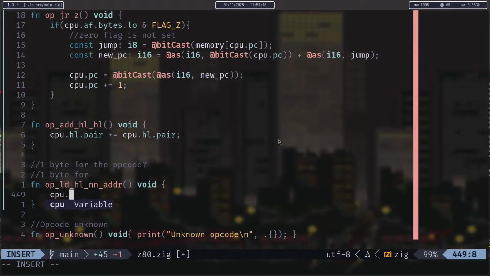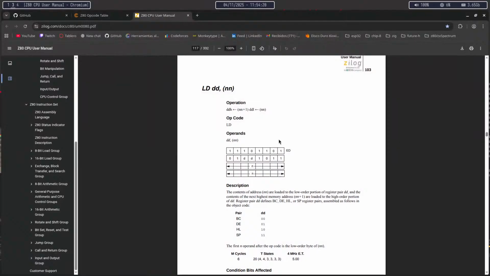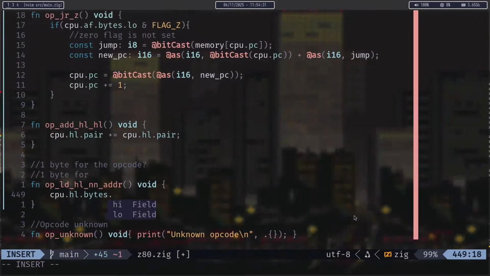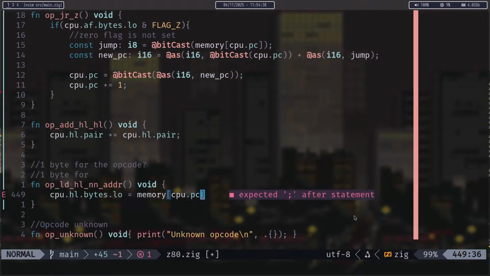Where I just say, okay, so cpu.hl.bytes. In this case, what is it? So we said that the address, so this is on the high end. Okay, no, actually on the low end. So low equals memory cpu.pc.